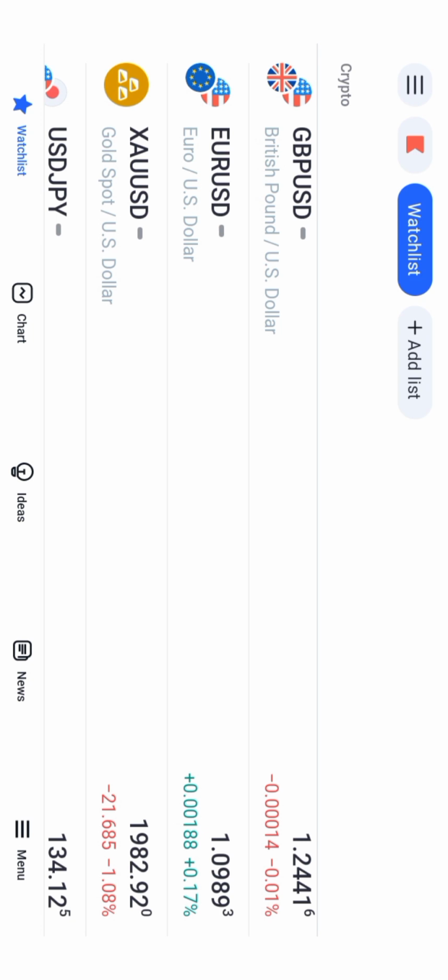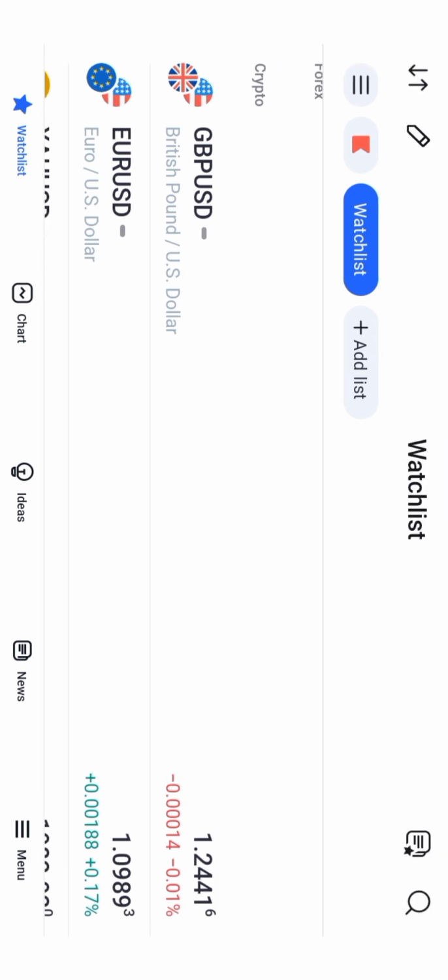And XAU USD is gold versus the US dollar. In each of those currency pairs, GBP, Euro and XAU is what we refer to as the base currency, and the USD that comes after is referred to as the quote. So each currency pair has a base and each has a quote.